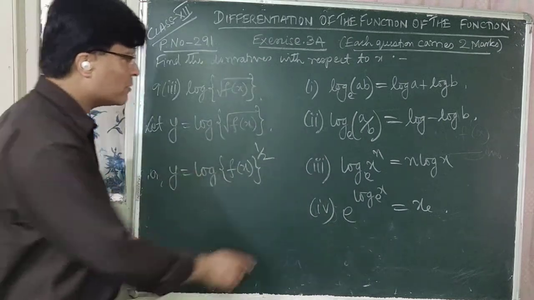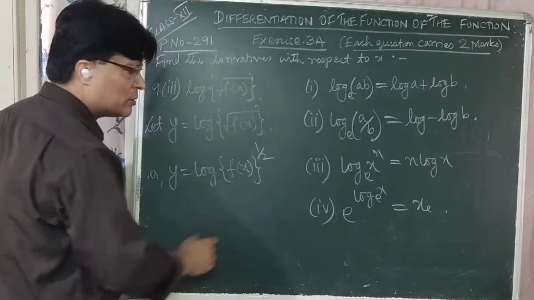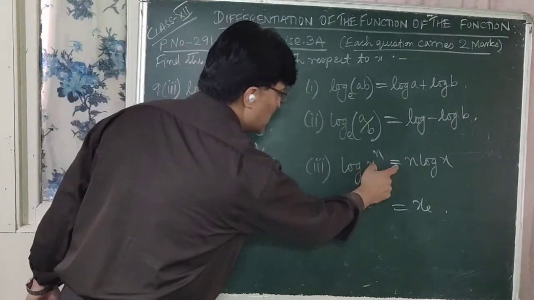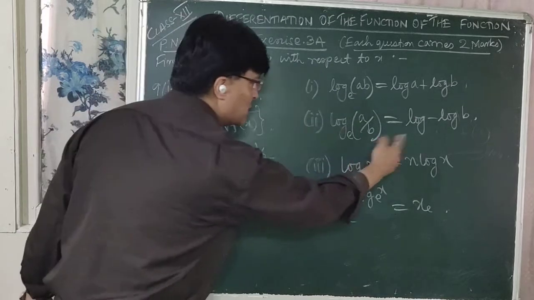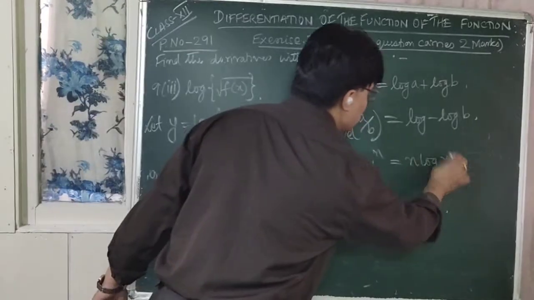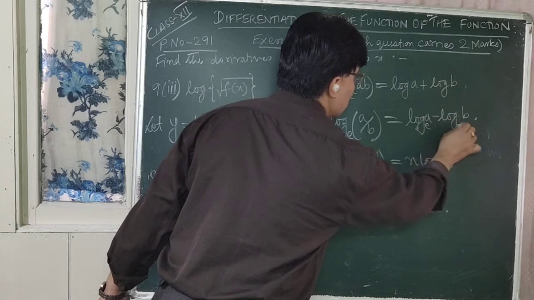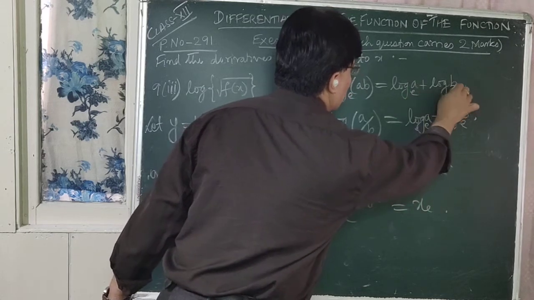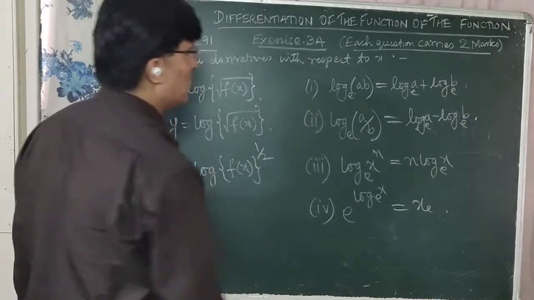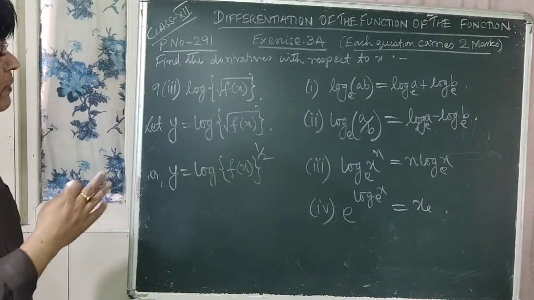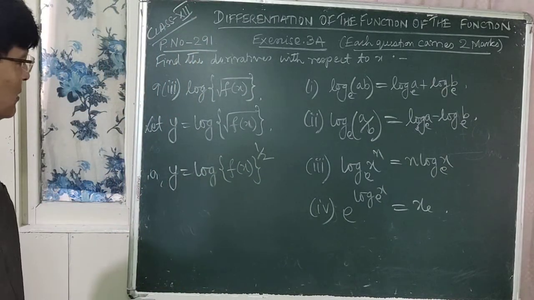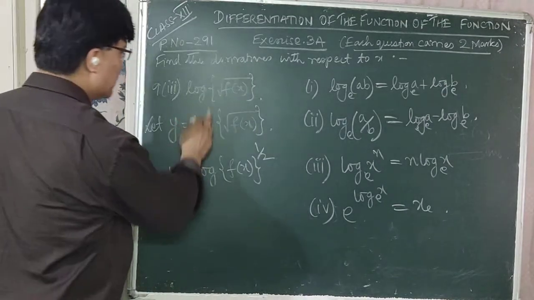Now we can use properties of logarithm. This property is used, that is, log x to the power n base e is equal to n in the front, that is n log x, and here the base is e. If there is no base there, the base is e.